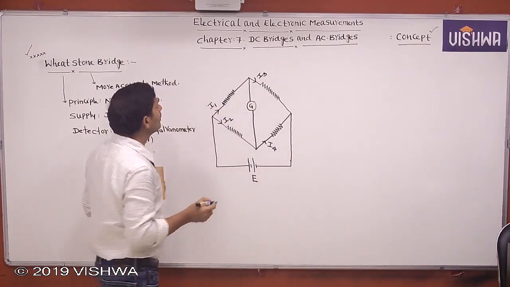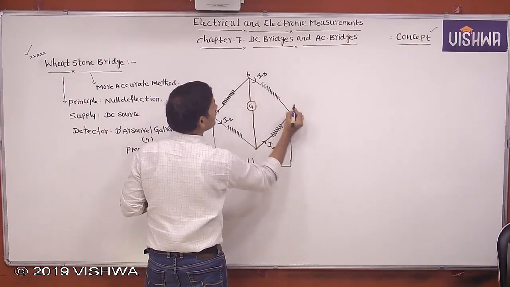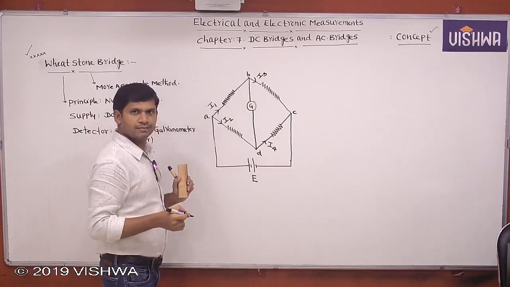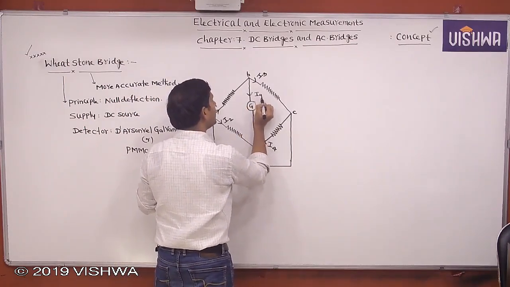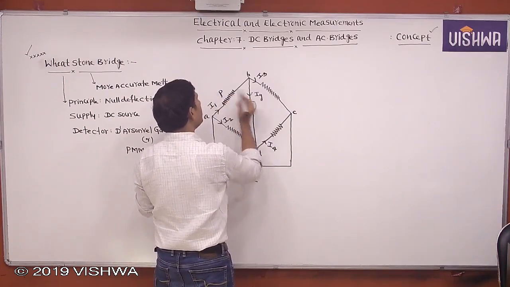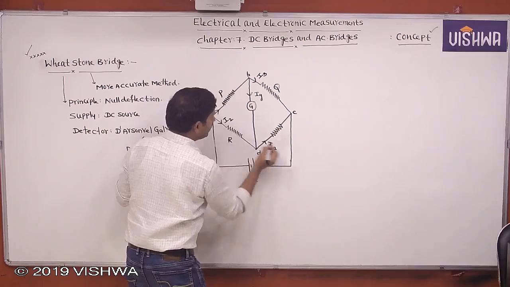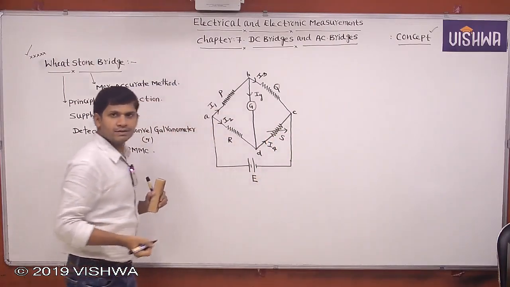Clear? Let this be A, this be B, this be C, and this node be D. Let the current through the galvanometer be Ig. This is P, Q, R, S. This is a variable resistance.